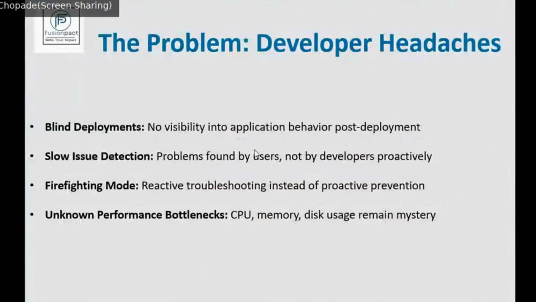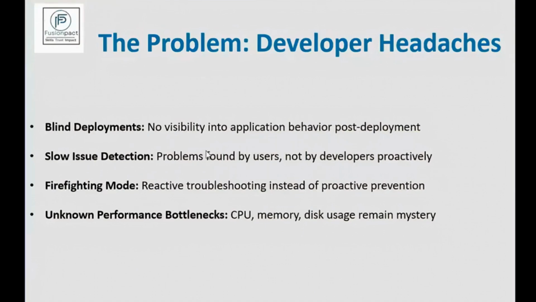So what was the problem before continuous monitoring? The major problem is there is no visibility after the developer deploys the application to the server. He has no access to what the metrics are, what the logs are, how it is performing, the latency and the other parts.